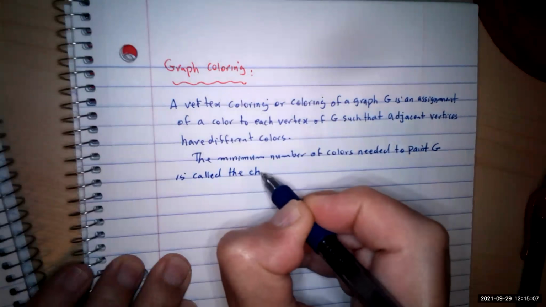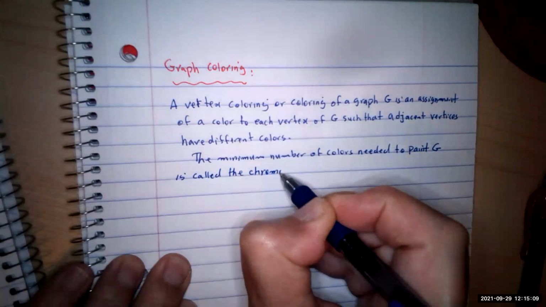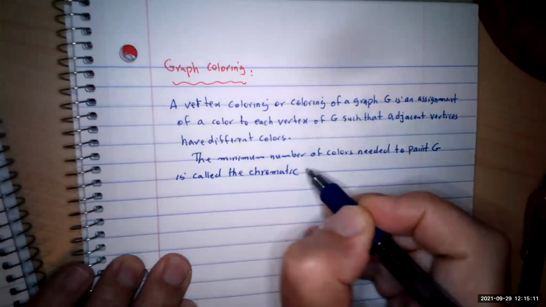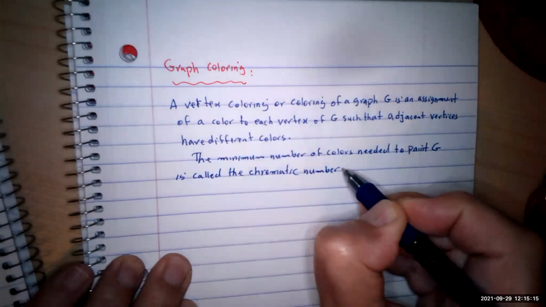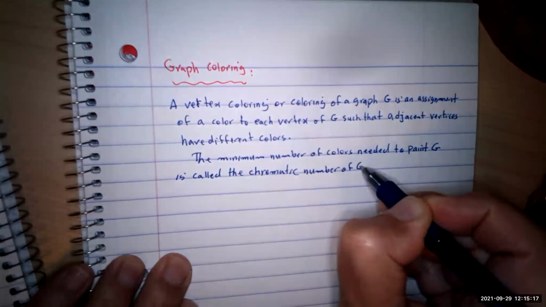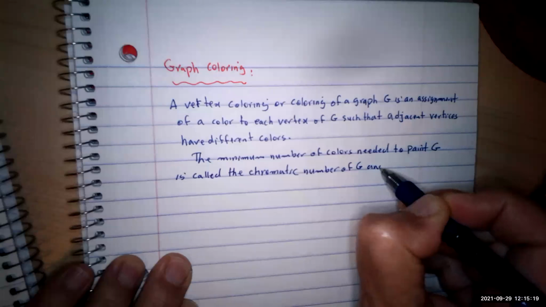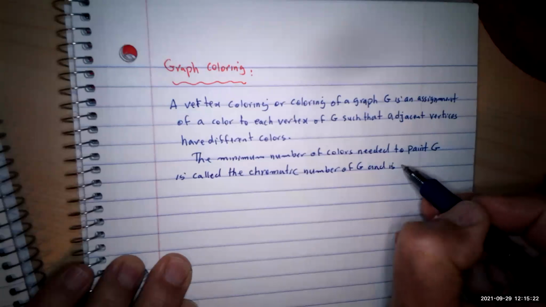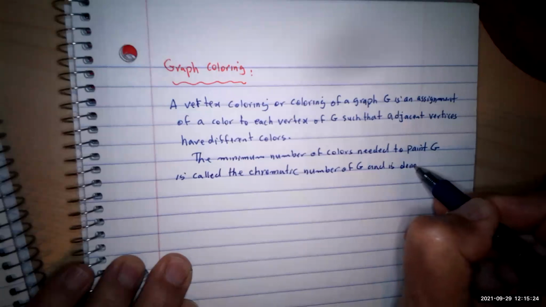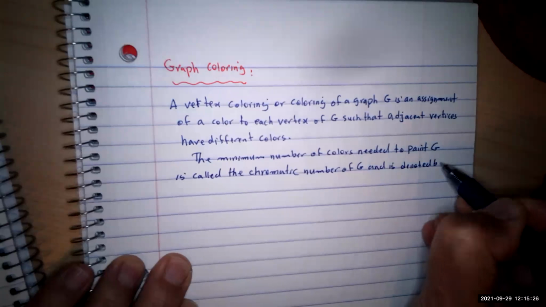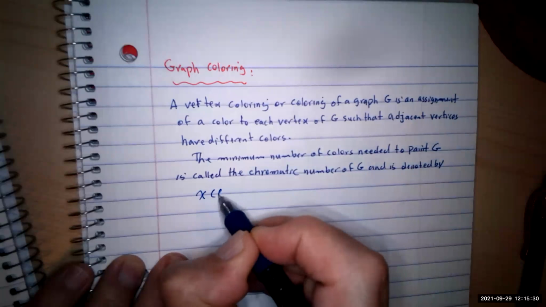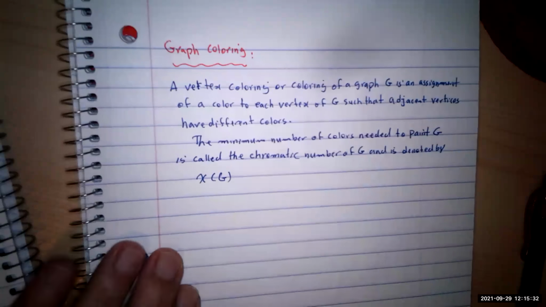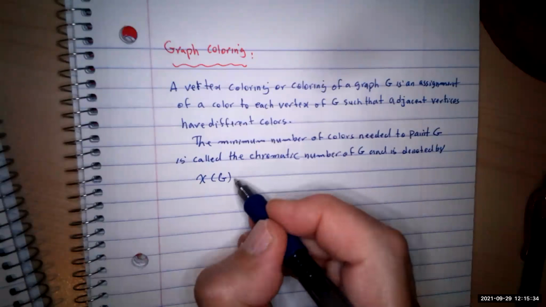That's the expression. The chromatic number of G is denoted by chi of G, if you like. Okay, chi of G.